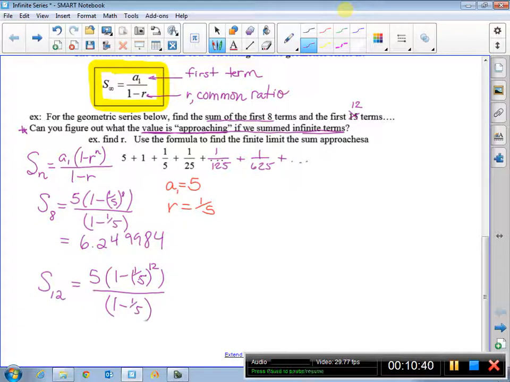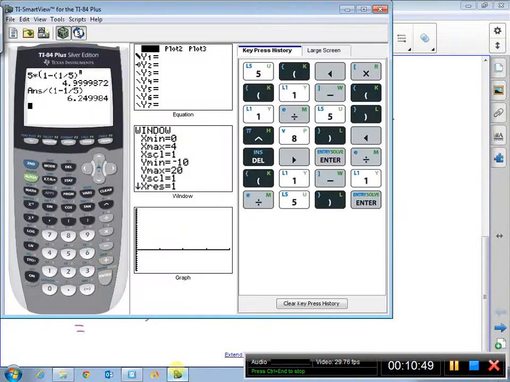I would have used 0.2 here, but let's go ahead and try this one on the calculator as well. All right, so I'm going to go right up here, one more, and steal that, and just go change the exponent to 12.